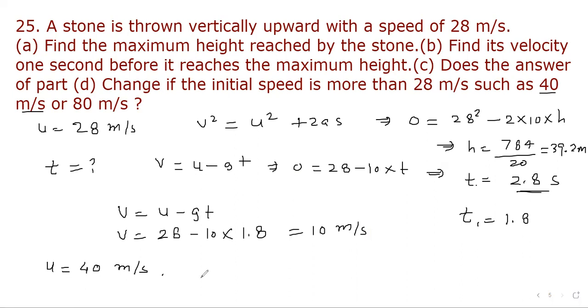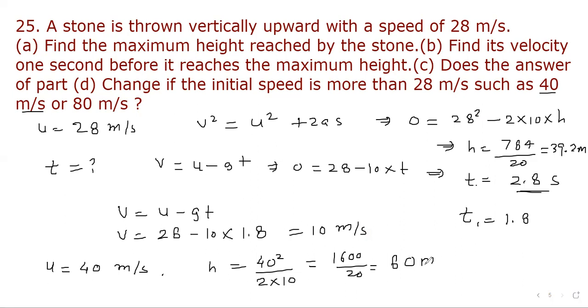In this case, let's find out what is maximum height. So h will be equal to v square minus u square divided by 2a. So it will be 40 square divided by 2 into value of g 10. So this will be 1600 divided by 20, which is 80 meters.